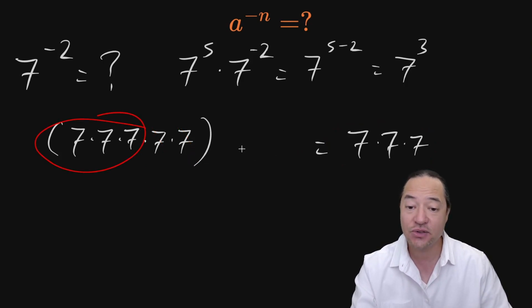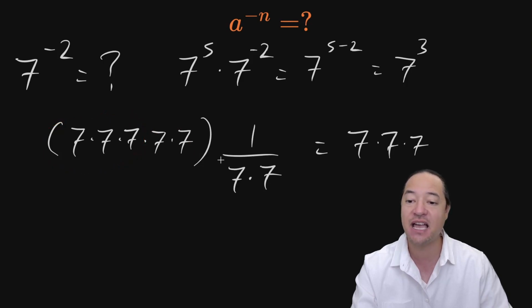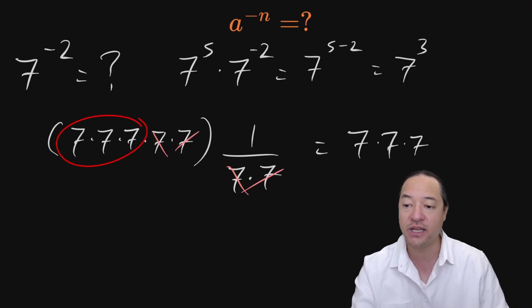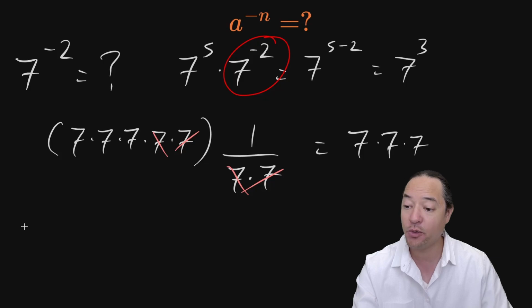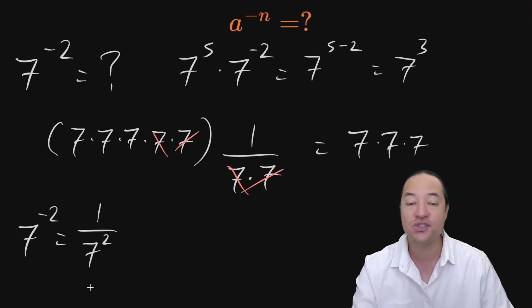So to cancel that out, we're going to multiply by 1 over 7 times 7. That's what's going to do it, right? If we do that, these 7s cancel out, and we're left with 7 cubed. So 1 over 7 squared must equal 7 to the negative 2 power. That's what we are discovering here. 7 to the negative 2 is the same as 1 over 7 squared.